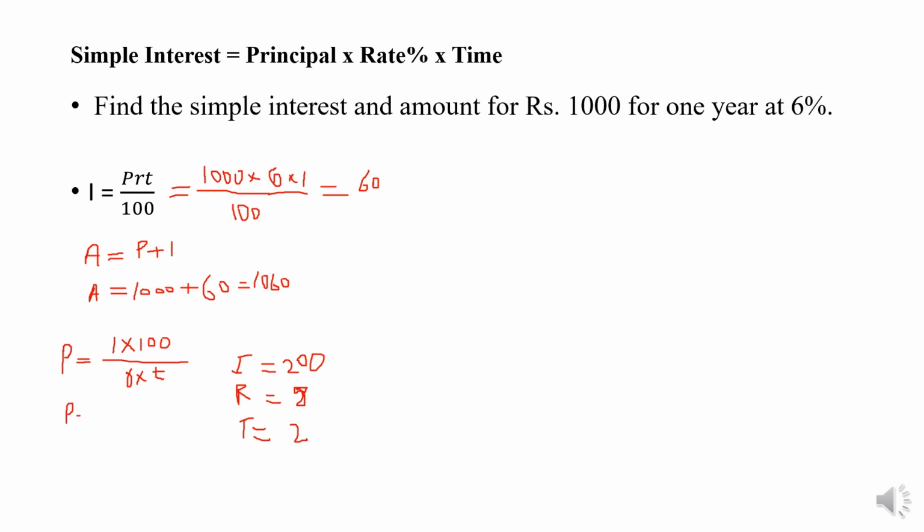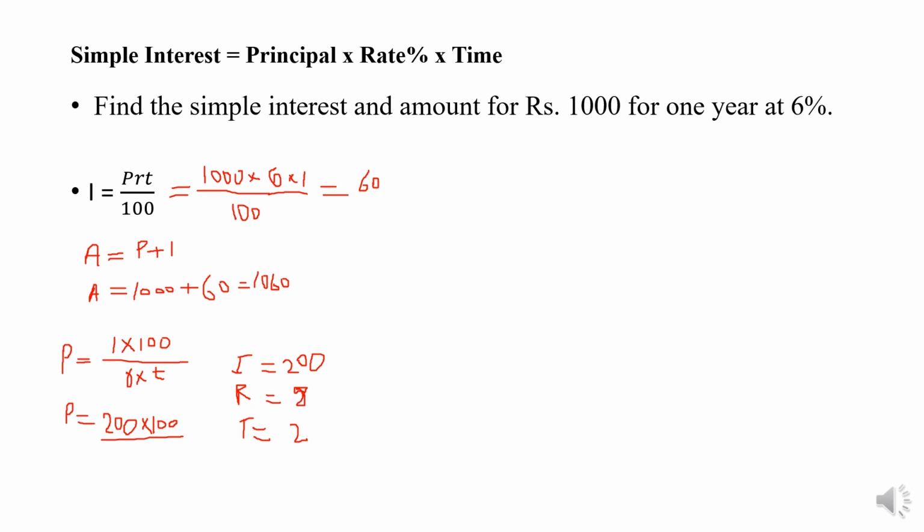So P equals simple interest, or we can say I. So I is 200 into 100, which is already given in the formula, so 100 as it is, divided by R into T. So R is the rate of interest.